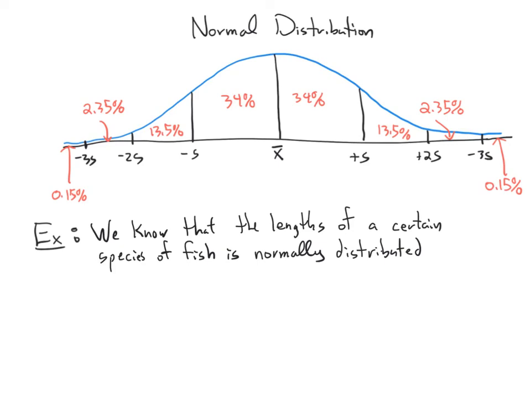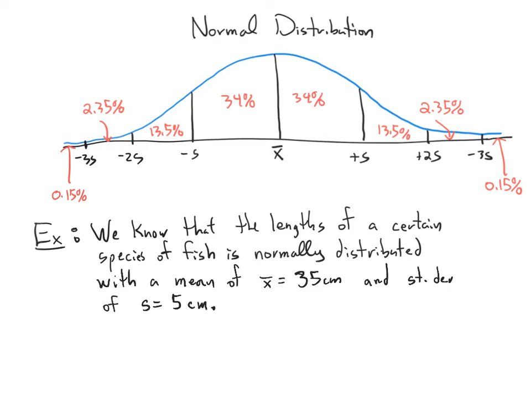In fact, we know that everything up here holds, which is fantastic. And I'll tell you the mean and the standard deviation. So with a mean of, let's say, 35 centimeters and a standard deviation of, let's say, 5 centimeters.